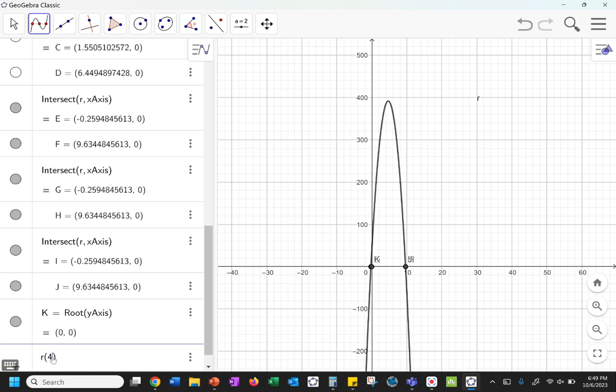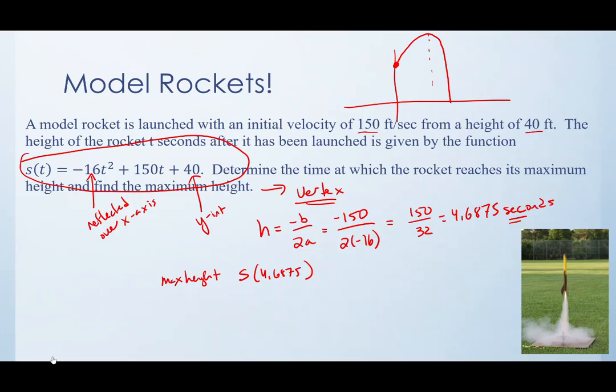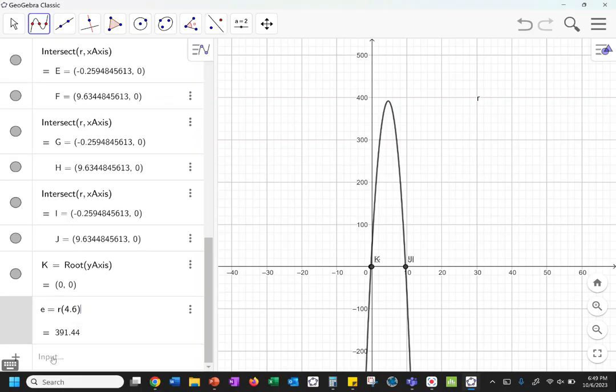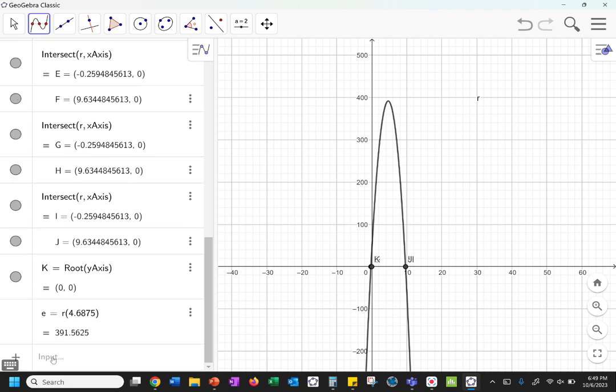So r of 4.6875. It is going to go up to about 391.5 feet.